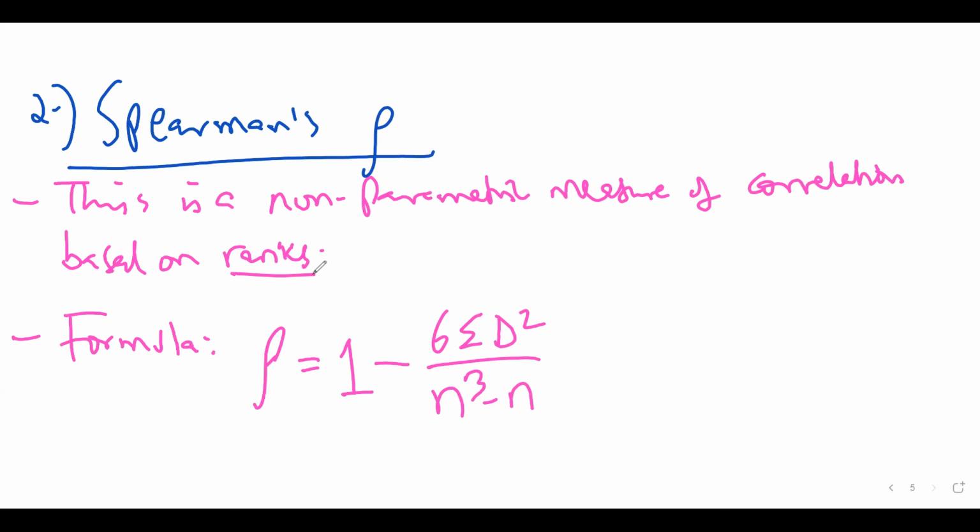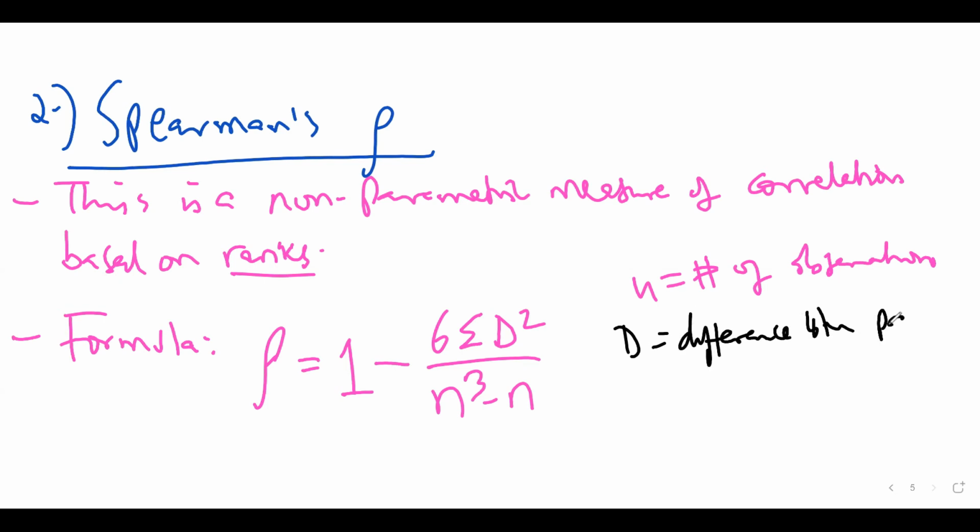And the formula that we use there is rho is equal to 1 minus 6 multiplied by the summation of d squared divided by n cubed minus n, where n is the number of observations, and d is the difference between pairs of corresponding ranks.